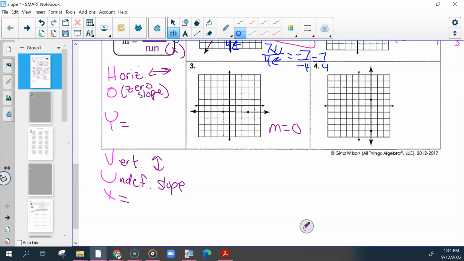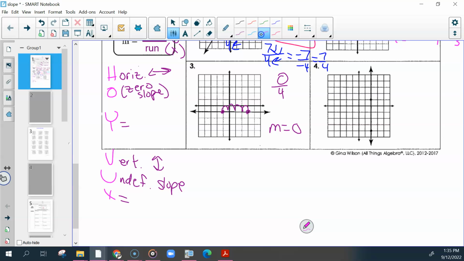Sure. We know we're not moving up or down, so that would be some 0 over, whether you're moving left or right, does not matter. There are points here, but you could use any point since it's a horizontal line. Let's say I said this was 4, doesn't matter because I'm doing 0 divided by whatever, so I'm always going to get 0 no matter what.